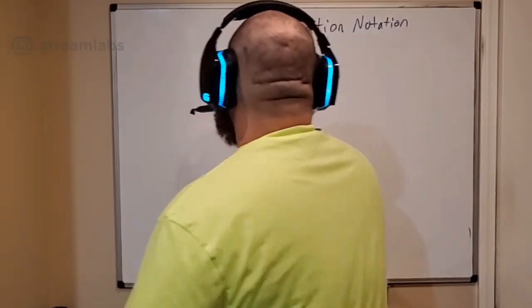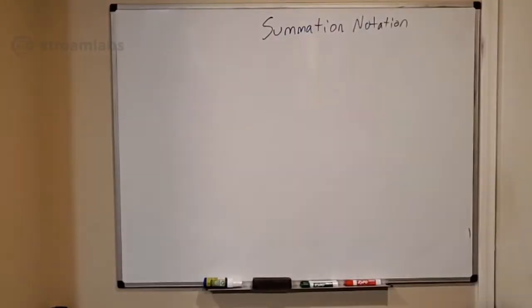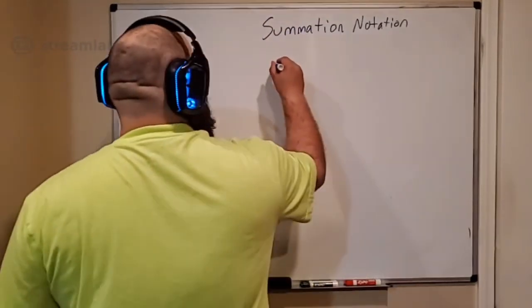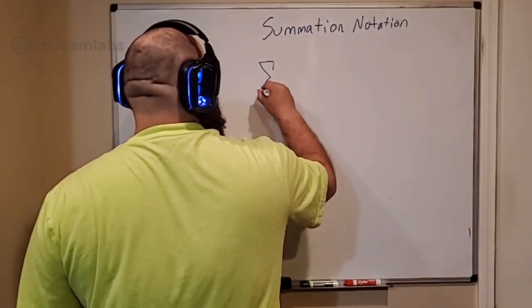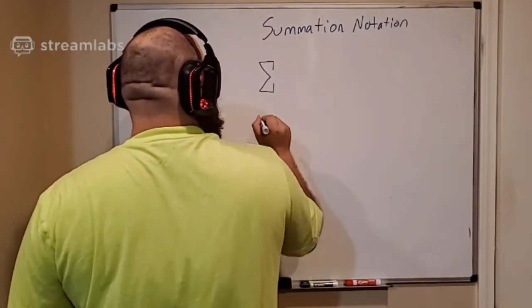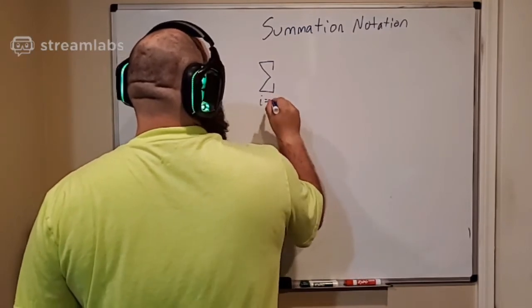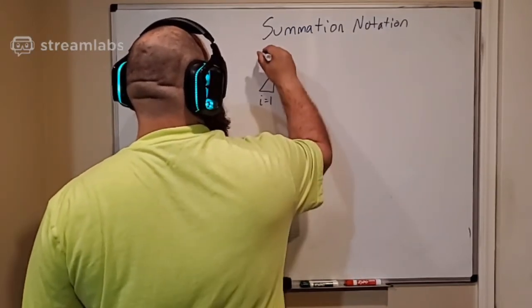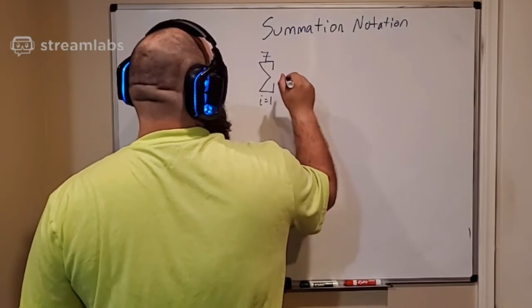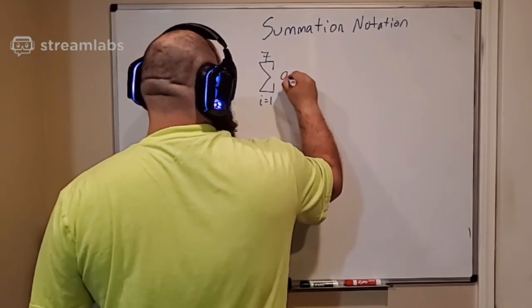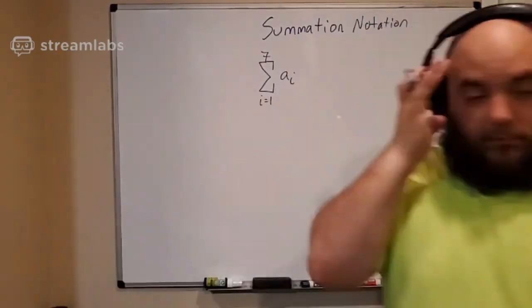Our summation notation is a Greek letter. I saw that in the homework. Yes. I equals, we'll say 1 to 7 of a sub I. Okay. So as we look at them, each part has its own meaning.